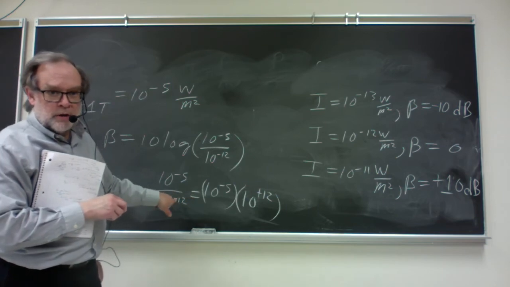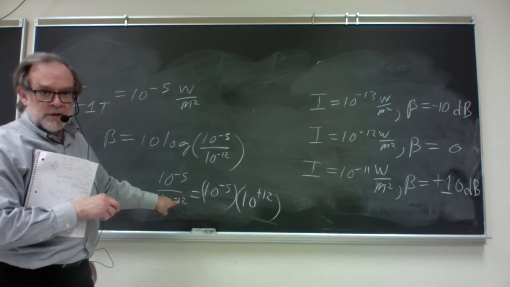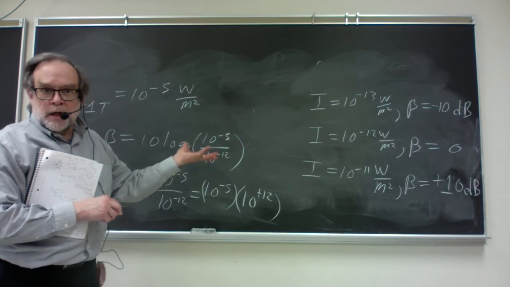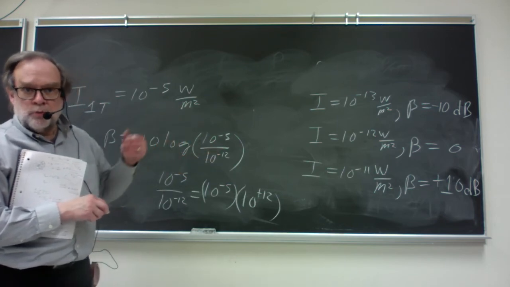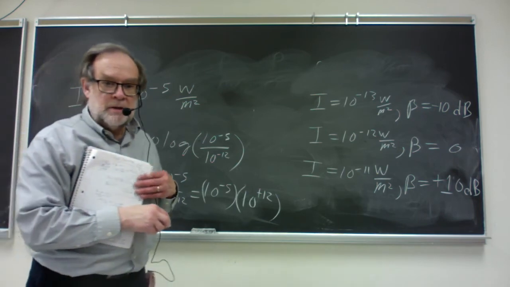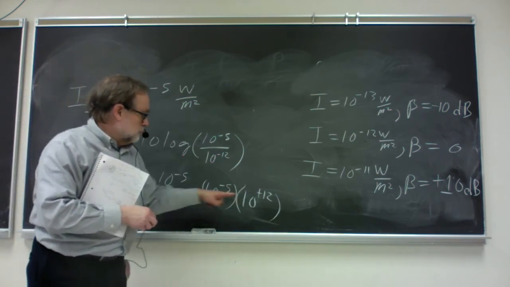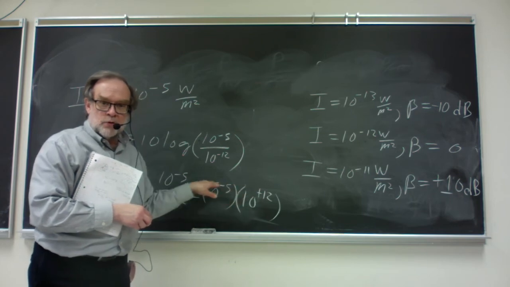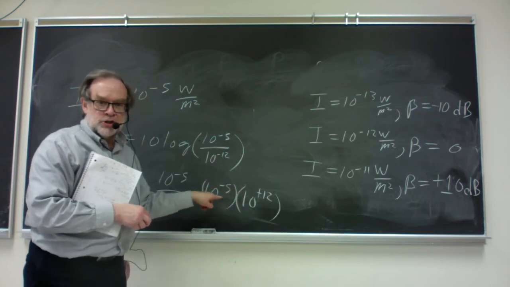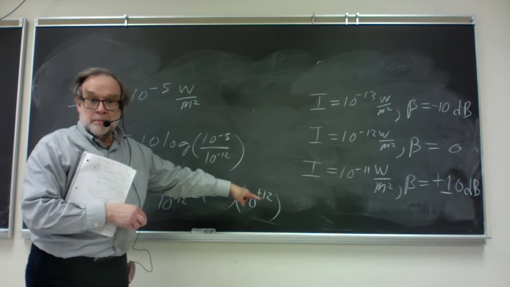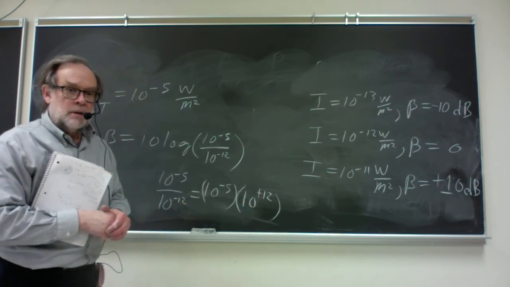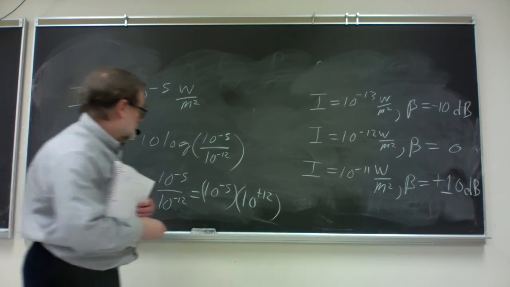Remember, if you change an exponent from positive to negative, you flip it from denominator to numerator, or numerator to denominator, as the case may be. And when you've got the same base to two different powers and you're multiplying them, this is just the sum, or 10 to the 7th.